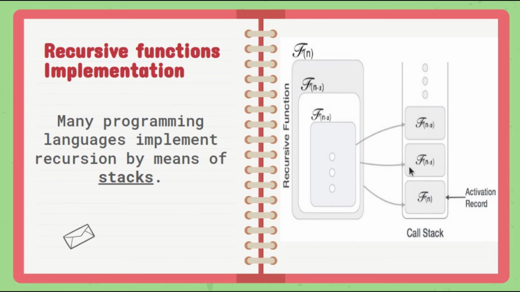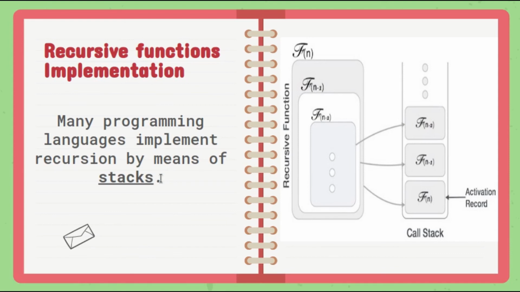Remember that 2 was on hold, so it's going to do 2 plus the return value of f of 1 and then come here. Remember that 3 was on hold, so it's going to do 3 plus the return value of this one. So that's how the recursive function or algorithm actually works.